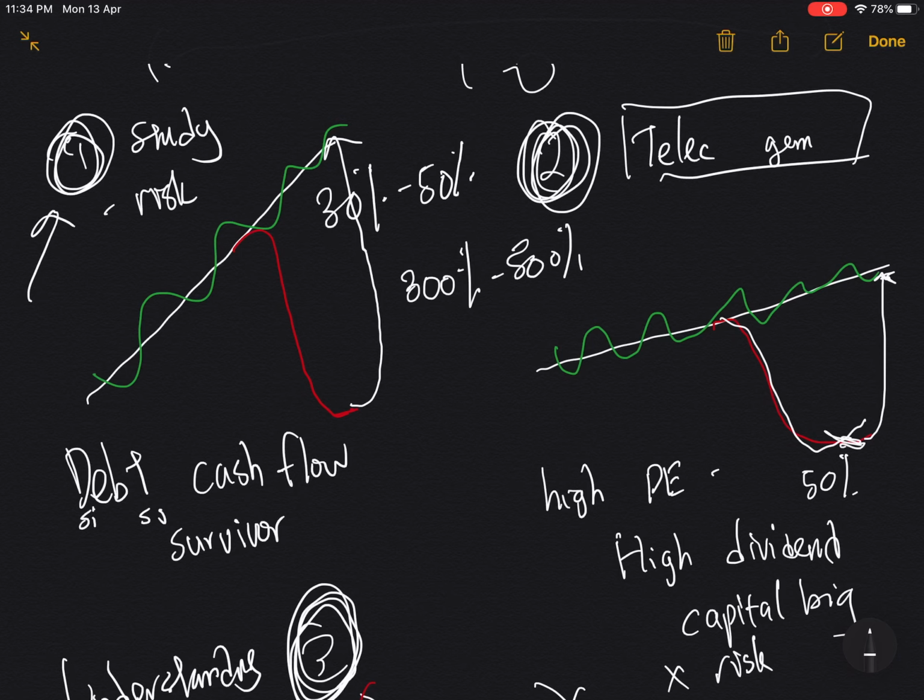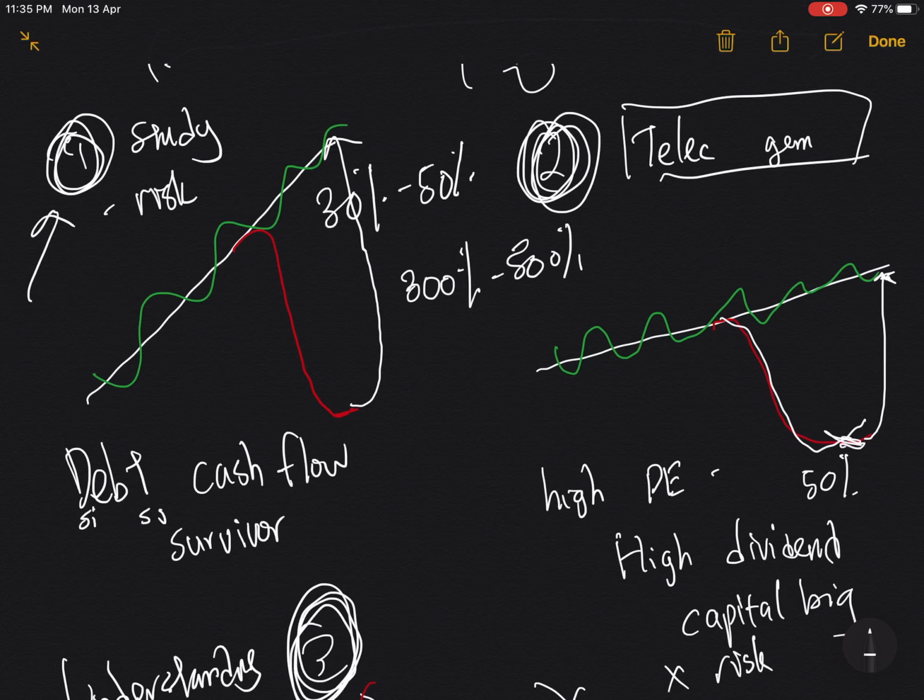So for me personally, I will still choose the first one, unless I have, for example, more than 2 million, 3 million. Then I will consider the second one, because if a bear market happens and the share price is down by maybe 50%, 70%, the second one looks very attractive to me, because the dividend yield may already be up to 10%.